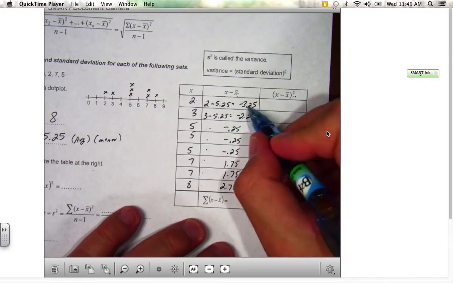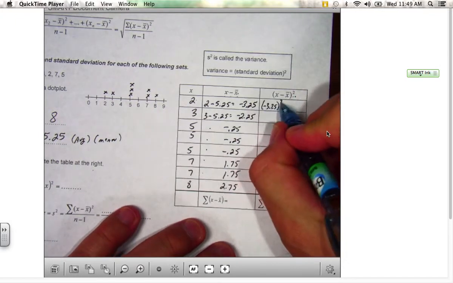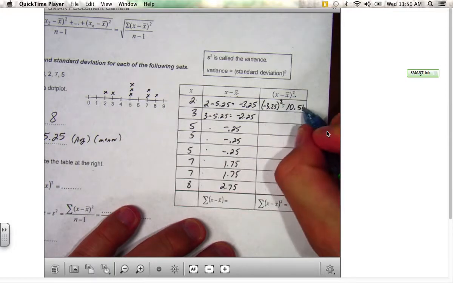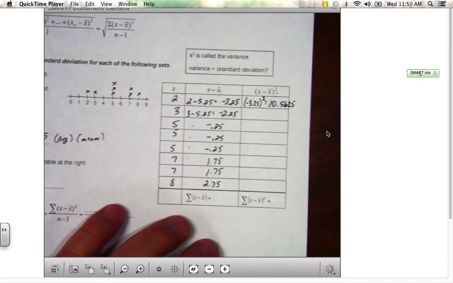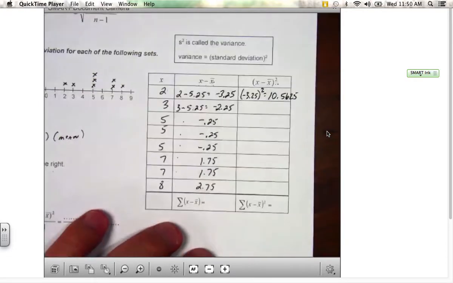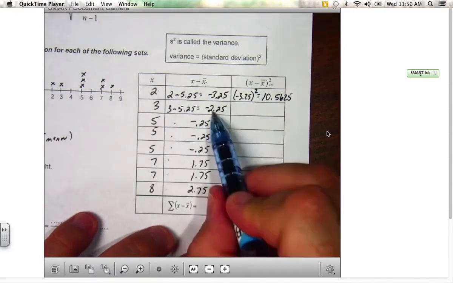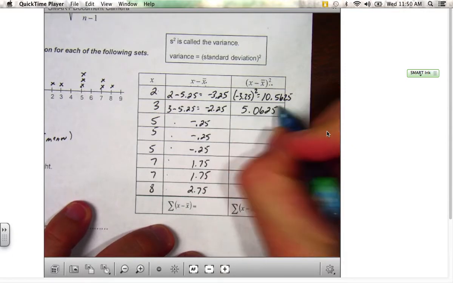So negative 3.25 squared gives me 10.5625. Notice I went 4 decimal places. I want you to be fairly accurate with this, so I'm going to go 4 decimal places. Negative 2.25 squared is 5.0625.